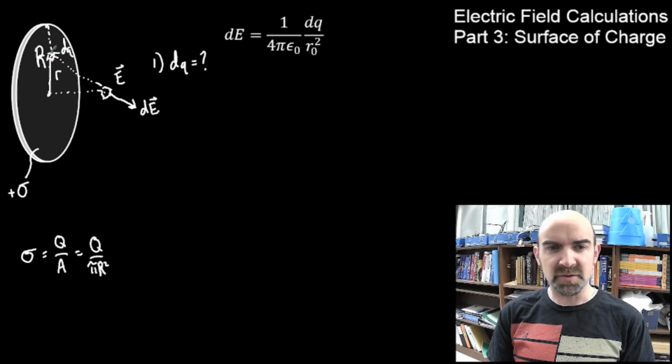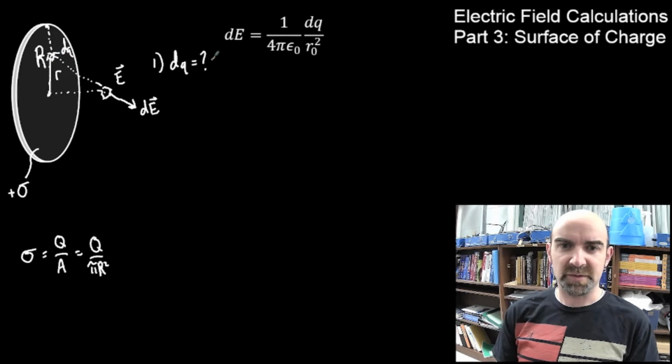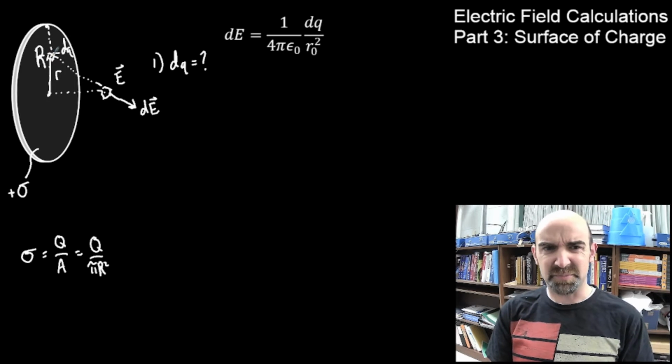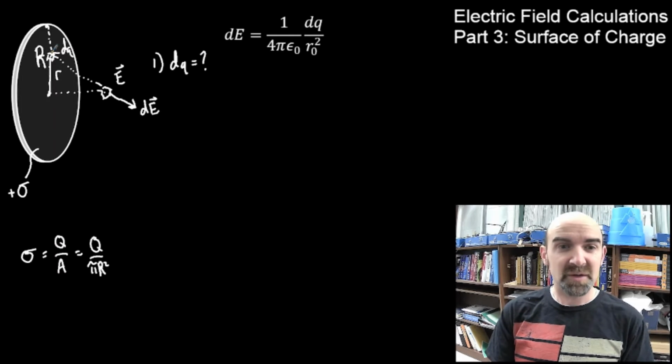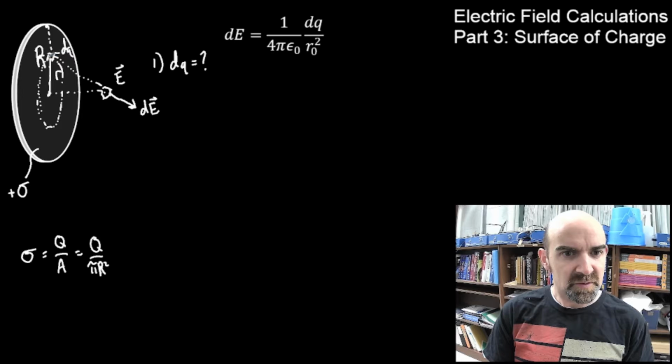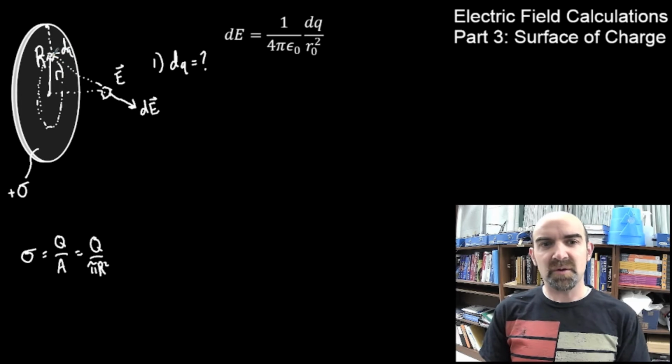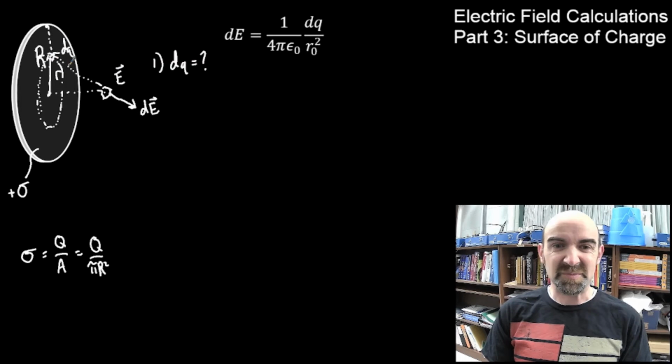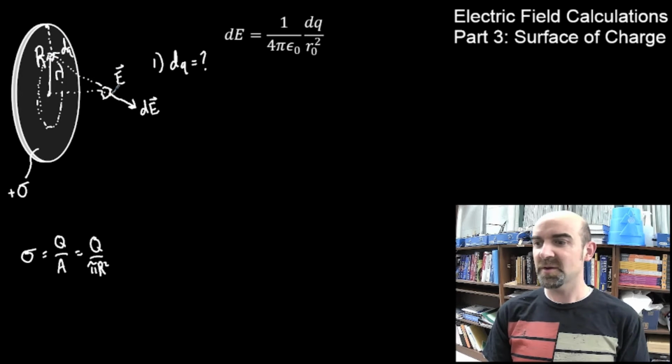Now that dq, to figure out what it is, it's at this particular position here. However, there are a whole bunch of other charges at a similar position around the center of that circle. And you see, all of those around the center, very much like the ring of charge, are at the same distance away from our location here.